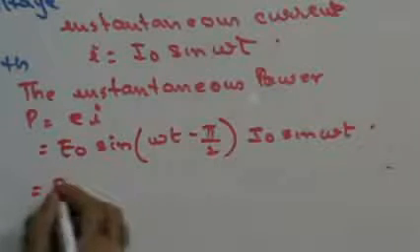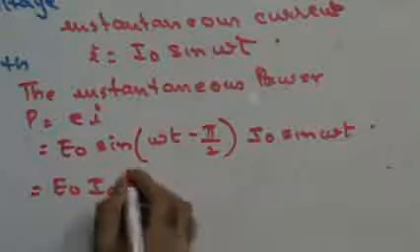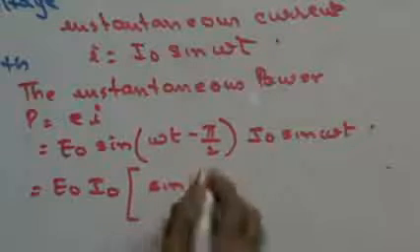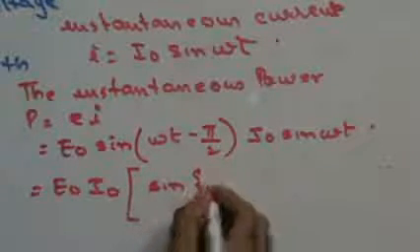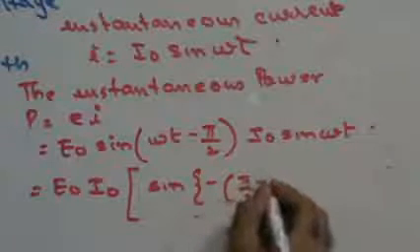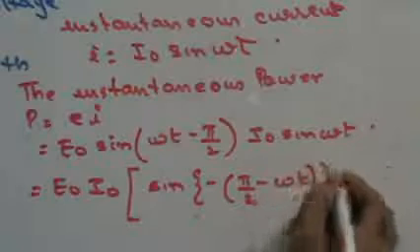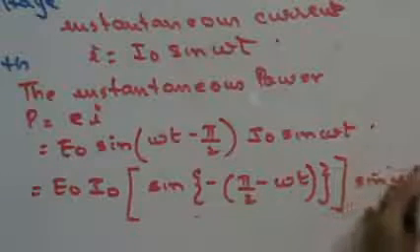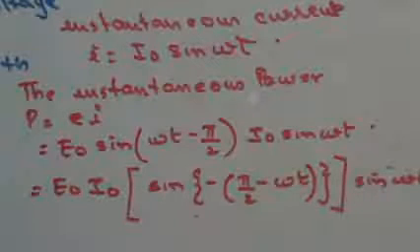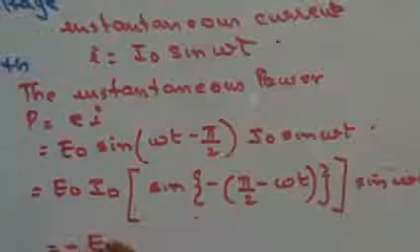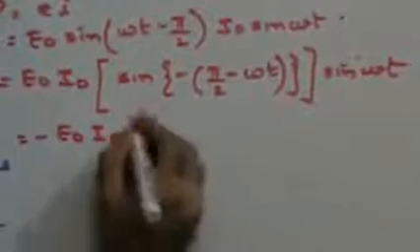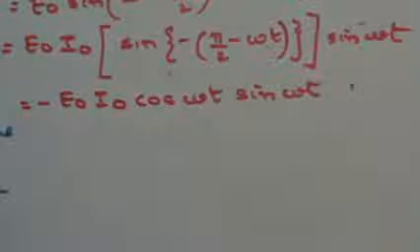Now, this can be written as, if I take minus sign common, E0 I0 as it is, sine of minus pi by 2 minus omega t into sine omega t. Sine of minus theta is minus sine theta, so the minus sign comes out. Sine pi by 2 plus theta is cos theta. So the instantaneous power will be minus E0 I0 cos omega t sine omega t.